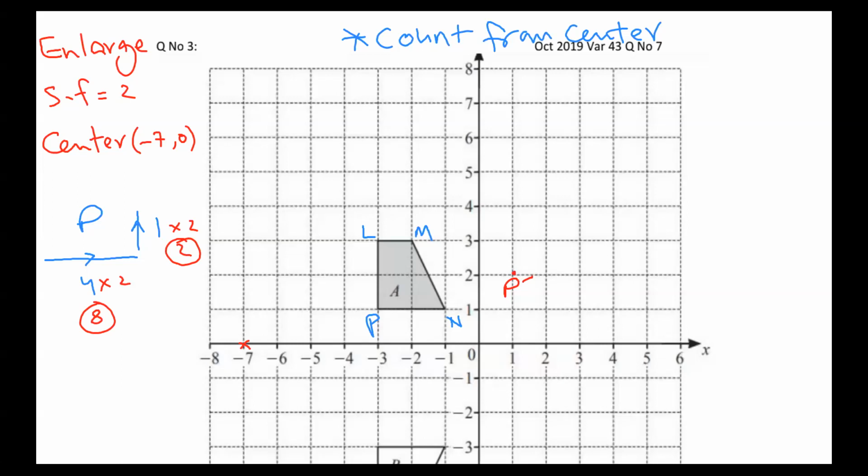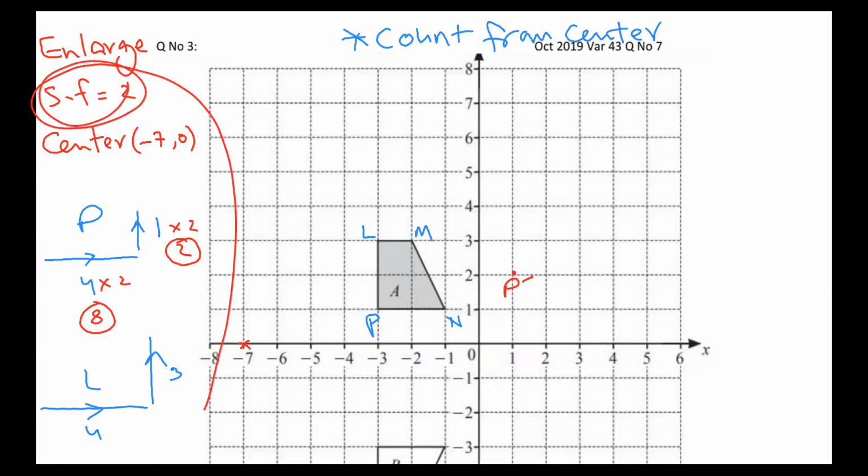Now I apply the same technique on L. How far is L from the center? Let's count boxes. 1, 2, 3, 4, and 1, 2, 3. So 4 and 3. Now multiply by 2. Why by 2? Because the scale factor is 2, an enlargement. Into 2 here, into 2 here. I got 8 and 6.